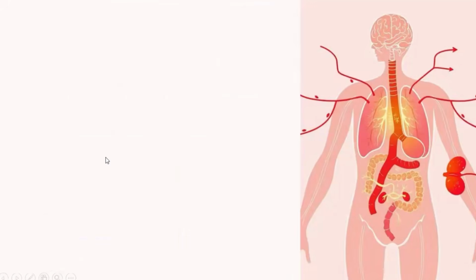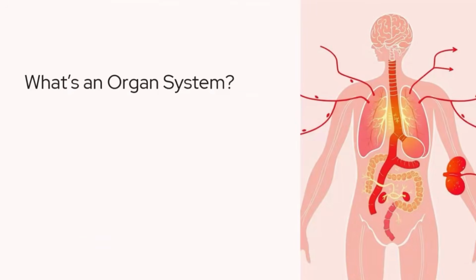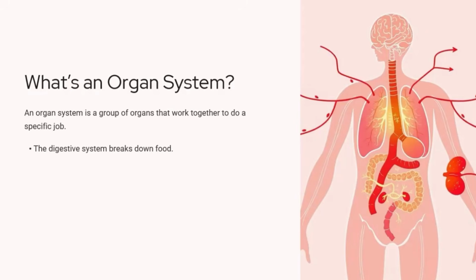All right. So what is an organ system? An organ system is a group of organs that work together to do a specific function or job. For example, we have the digestive system to break down food, the respiratory system to help us breathe, and the circulatory system to move blood.